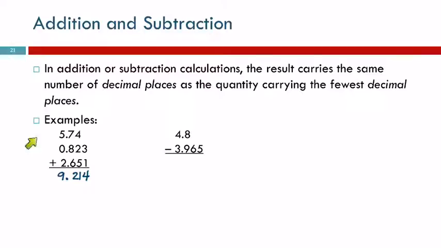Let's look at these 3 numbers. How many decimal places? By decimal places, we mean digits to the right of the decimal place. So this one has 2, and this one has 3 and 3, right? So 2 is the fewest number of decimal places. So we want to keep 2 decimal places in the answer. And we say 9.21.